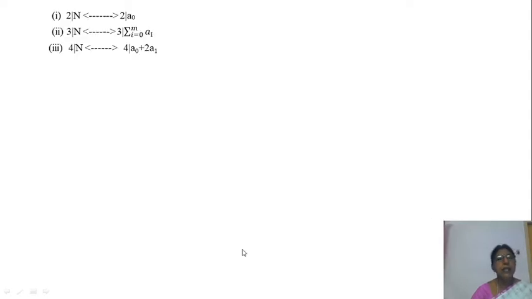Then the statement is: 2 divides n if and only if 2 divides a0. Second, 3 divides n if and only if 3 divides the summation of ai. Next, 4 divides n if and only if 4 divides a0 plus 2a1.